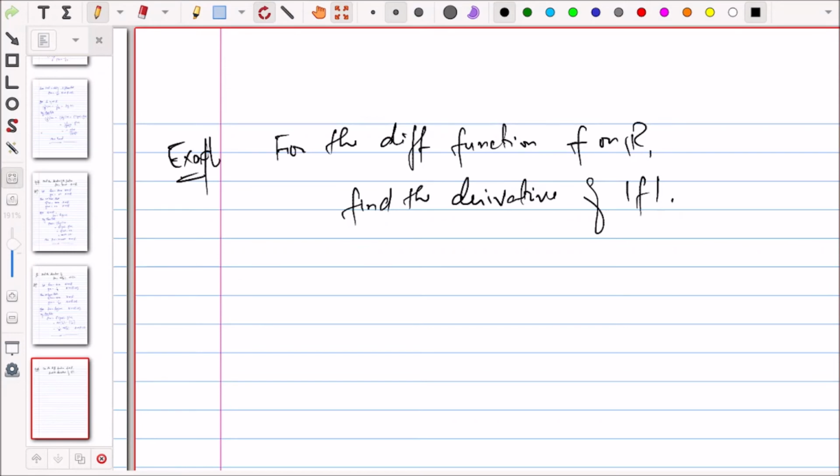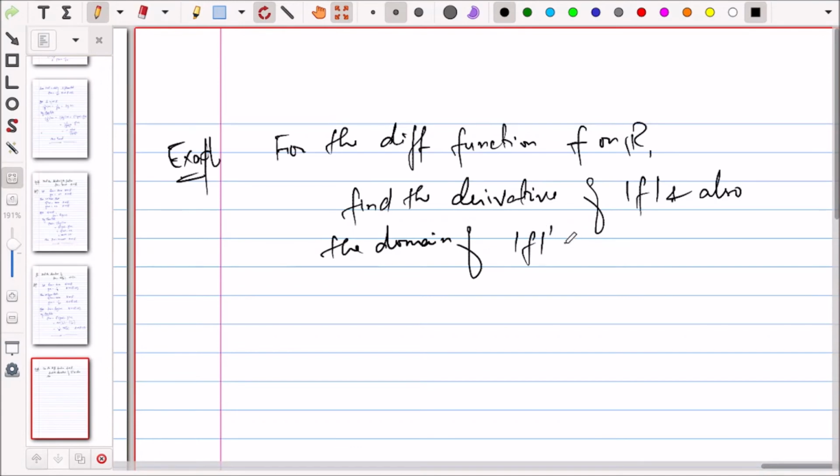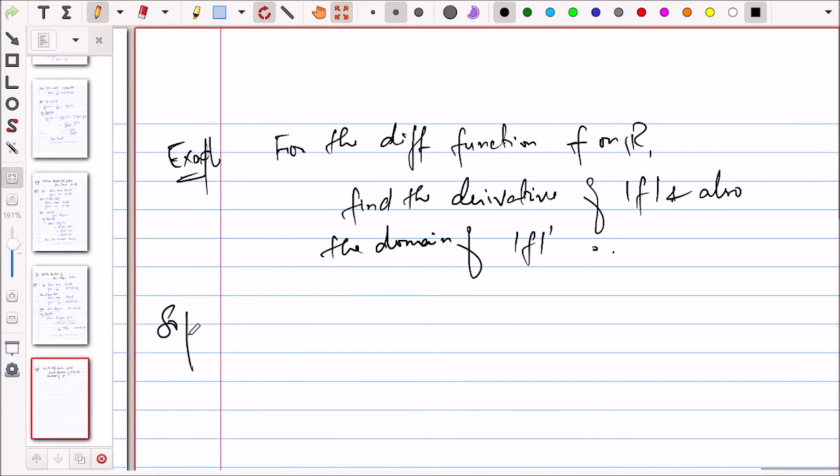So mod f कहाँ पे डिफरेंशिएबल होगा? R माइनस जहाँ पे f0 होगा, Sir, signum function x पे. Mod f where and also the domain of mod f dash. ठीक है, डोमेन भी बताना होगा.